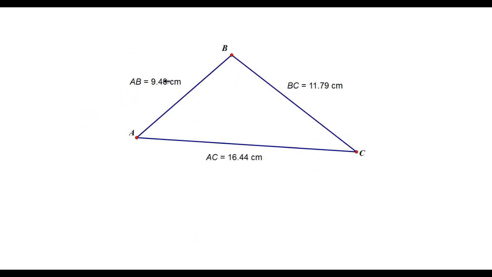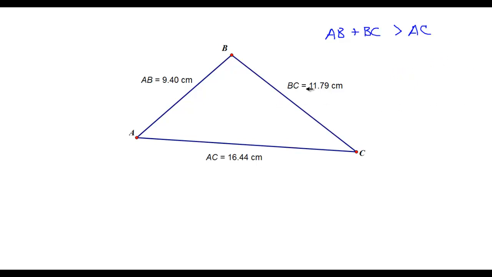All right, so we have a triangle here that has all of its side lengths already marked. So here's AB, BC, and AC. And hopefully you can remember back to when we talked about what it takes for 3 side lengths to make a triangle. And hopefully you'll remember that we said that AB plus BC had to be greater than AC.